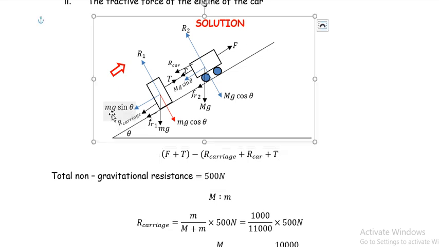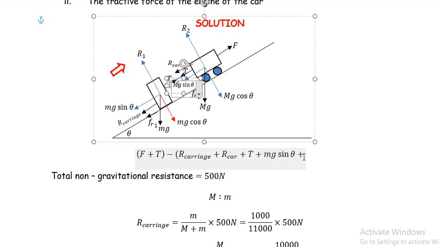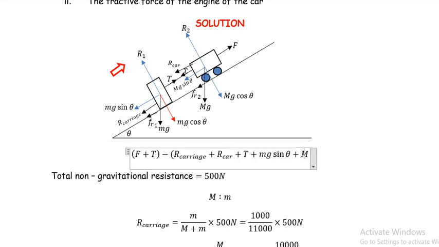Which other force is pointing down? We have the component of the weight for the carriage along the slope, so it is small m g sine theta. We also have this component of the weight of the car pointing down the slope, which is big M g sine theta. Then let's go to the frictional forces.